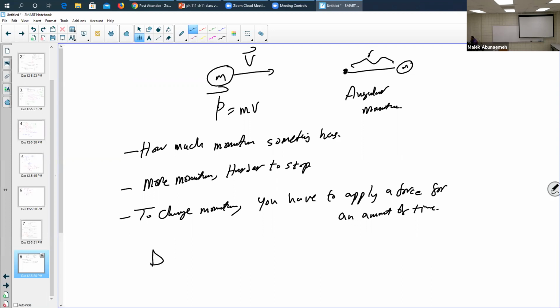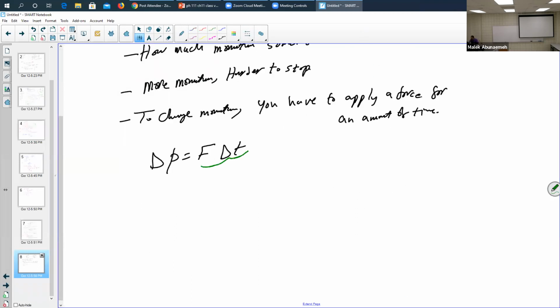So to change your momentum, you need to apply a force in a certain amount of time. And that's what we call, ladies and gentlemen, your impulse. It's a change in P, impulse, which we give the letter J.